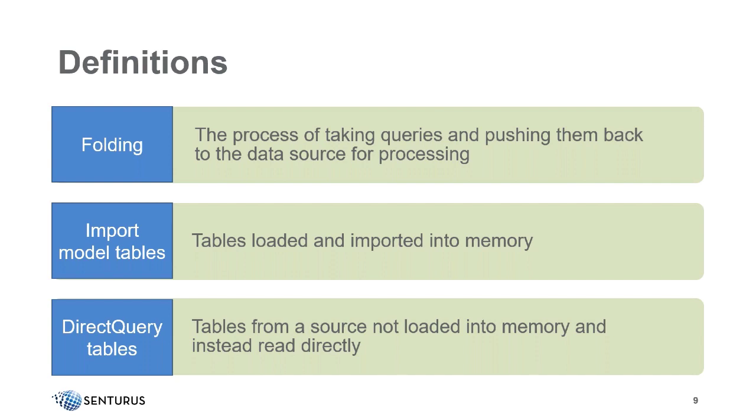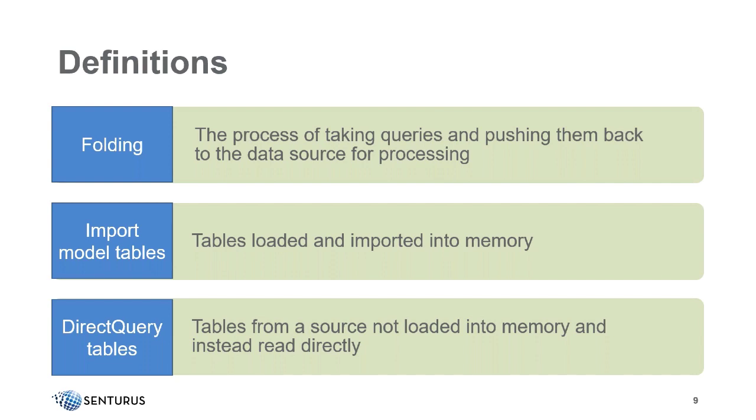Now think about that for a second. If there's a transformation that I'm trying to do that is not a native SQL function, it's got to read that query, perform that function locally, return the results. That's overhead. Folding helps get rid of that overhead.